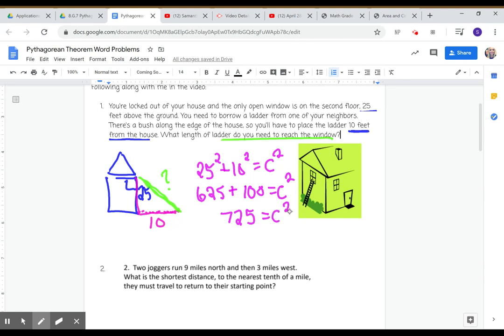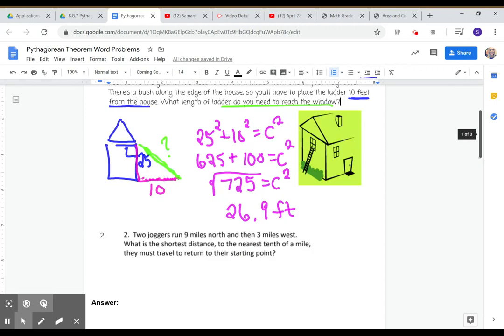Now, it would not make sense that the ladder is 725 feet. I mean, look at my numbers here, 25 and 10. That's way too big. So don't forget, take the square root of 725, and you get 26.9 feet. Okay? All right, let's try number two.